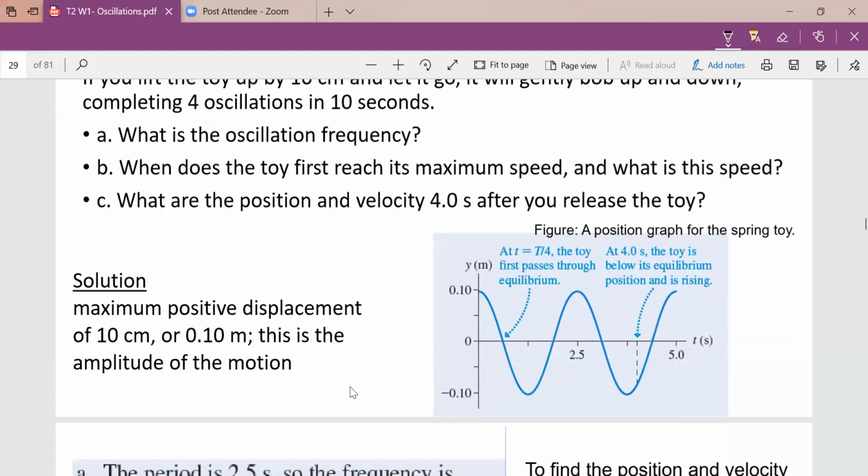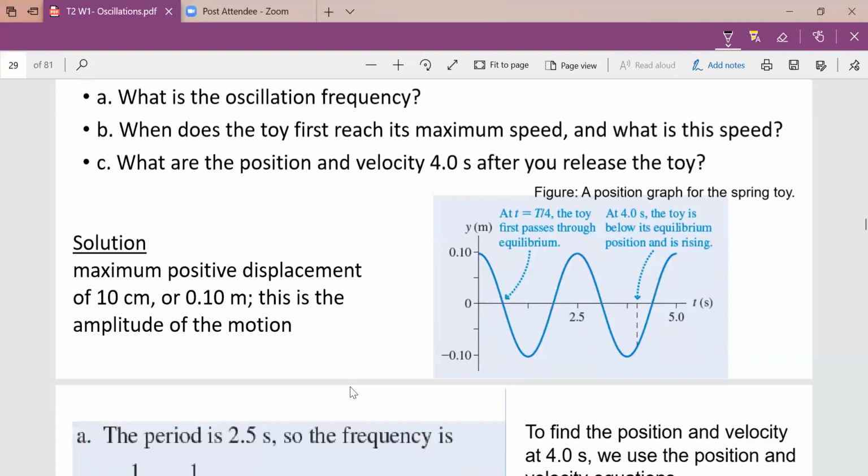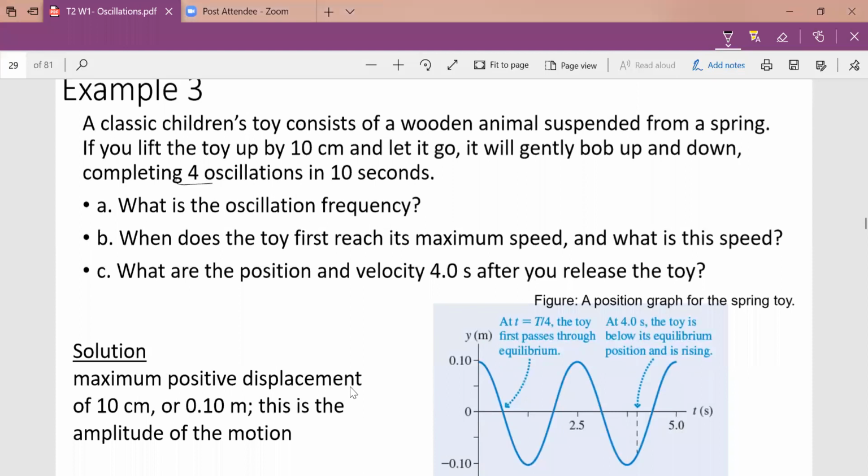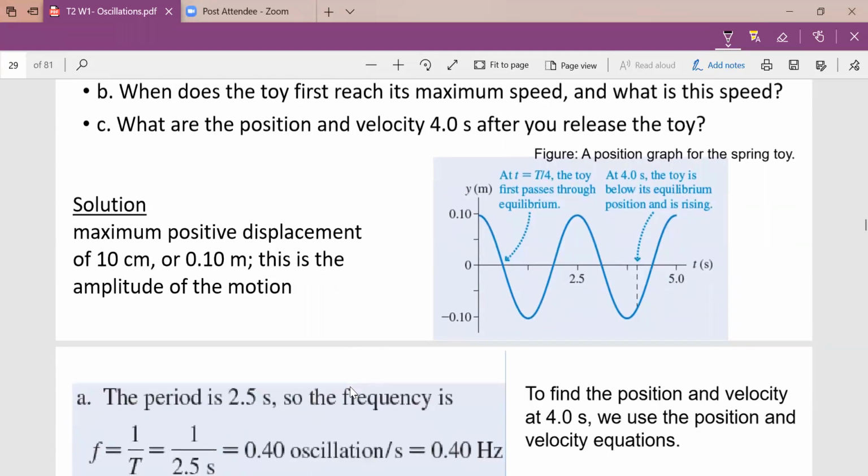Okay. So to begin, we visualize first what happened. It was specified in the question that we have 4 oscillations in 10 seconds. So we have 1 oscillation, 2, 3, 4.